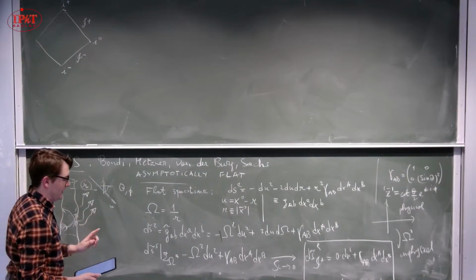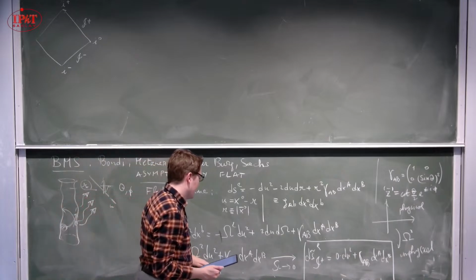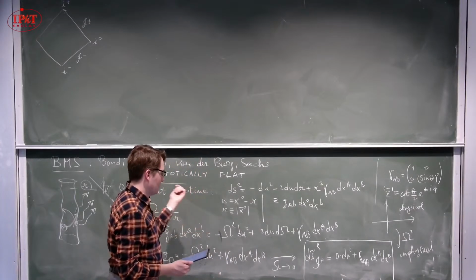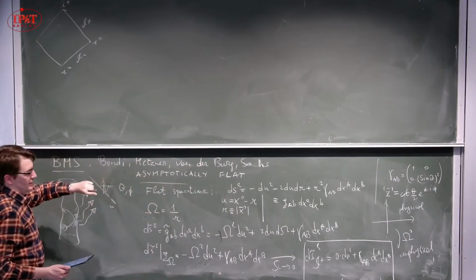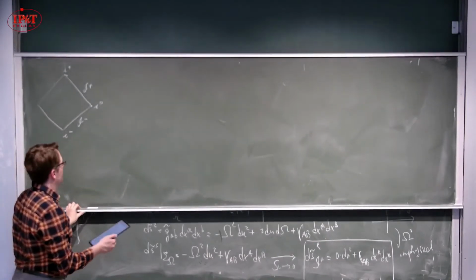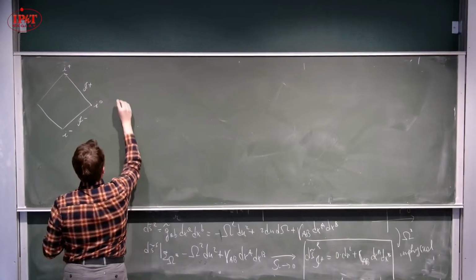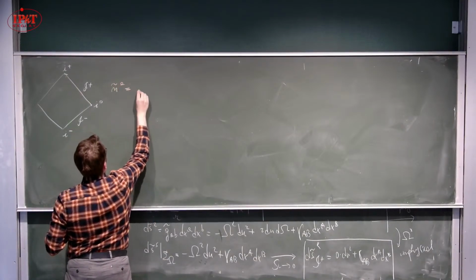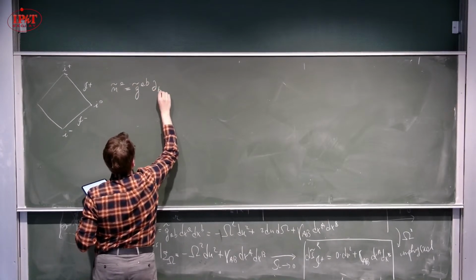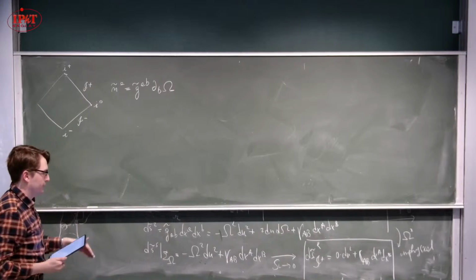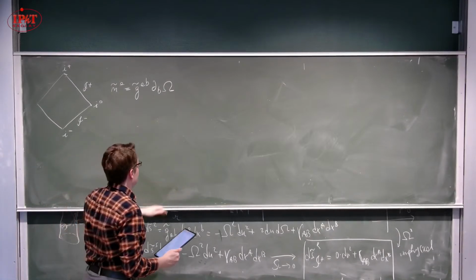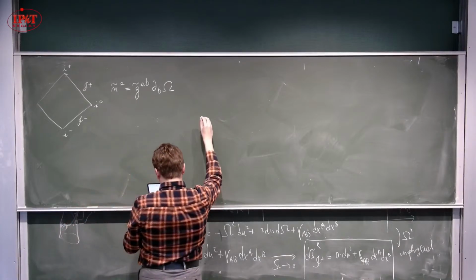Before doing that, let me introduce another piece of information. Another interesting object, instead of the metric on this surface, is the unit normal associated to it, which is simply n tilde A equals G tilde AB partial_B omega, right? Because this is a surface at fixed omega, so the normal is just the gradient of the constraint that defines it.